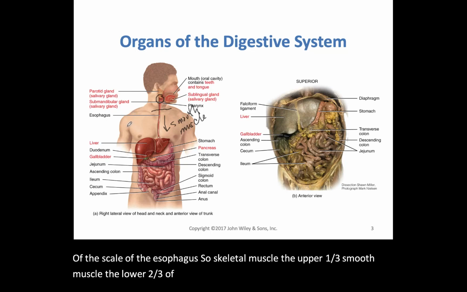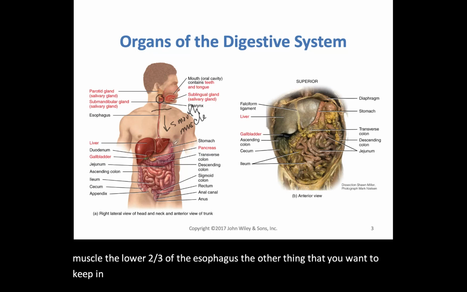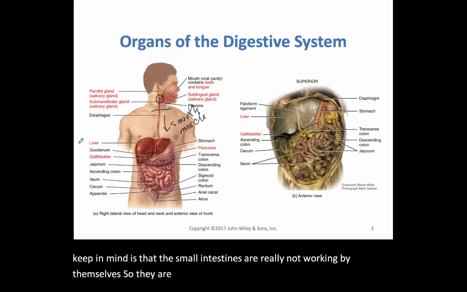The other thing that you want to keep in mind is that the small intestines are really not working by themselves. They are working in conjunction with the liver, the gallbladder, and the pancreas.